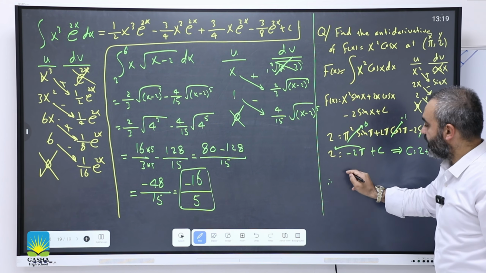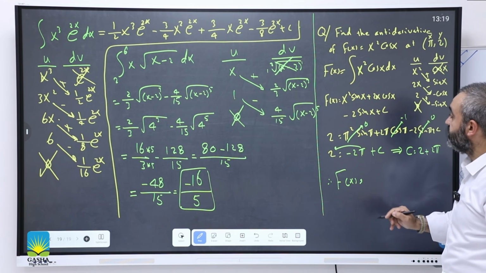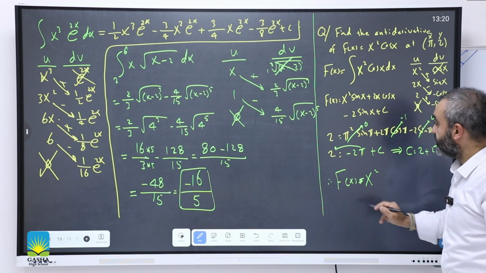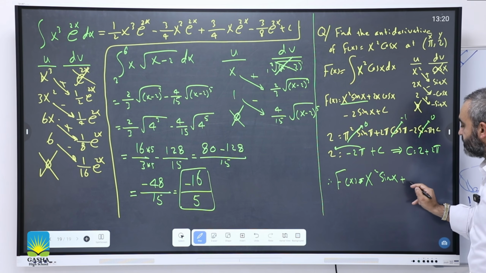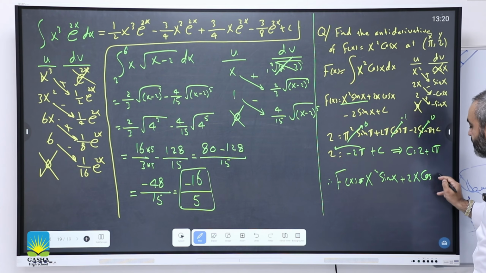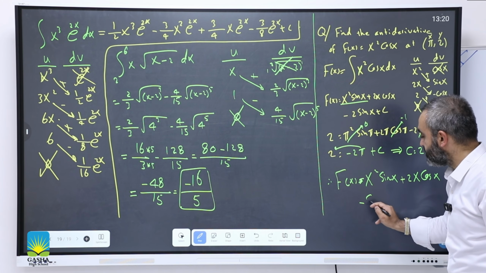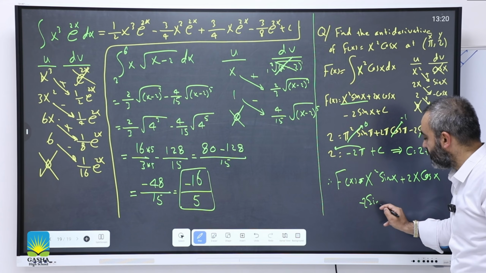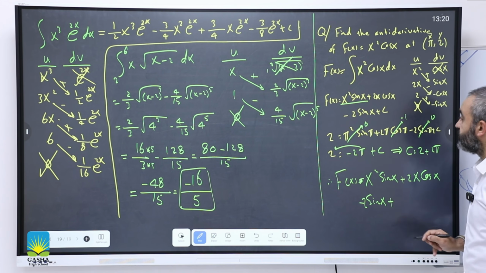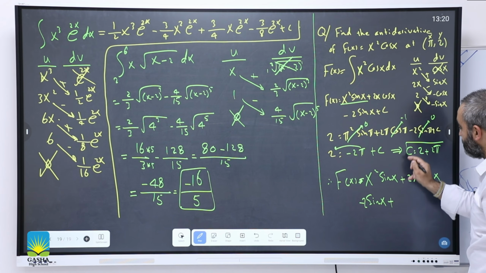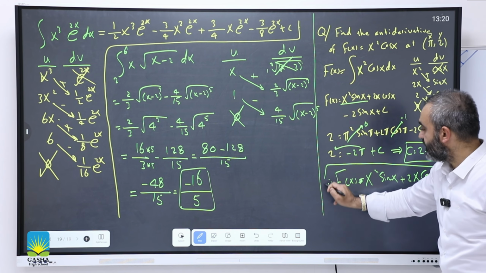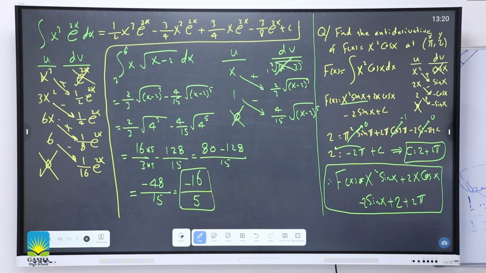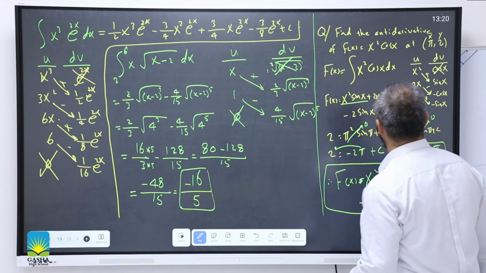So f of x equal to x squared sine x plus 2x cosine x minus 2 sine x plus c, where c is 2 plus 2 pi. So this is the antiderivative about this function, right? Understand? It's very, very easy.